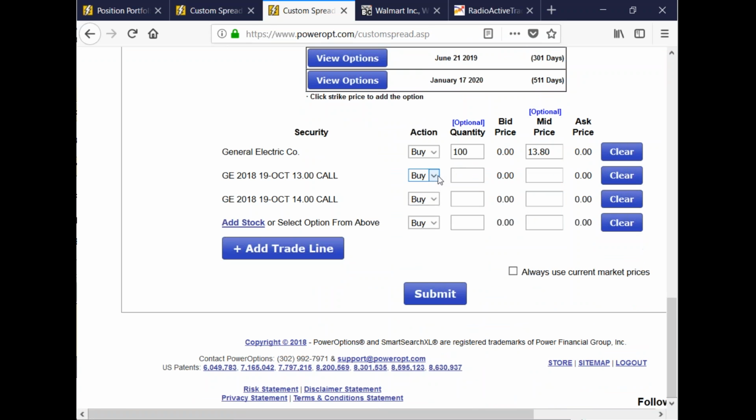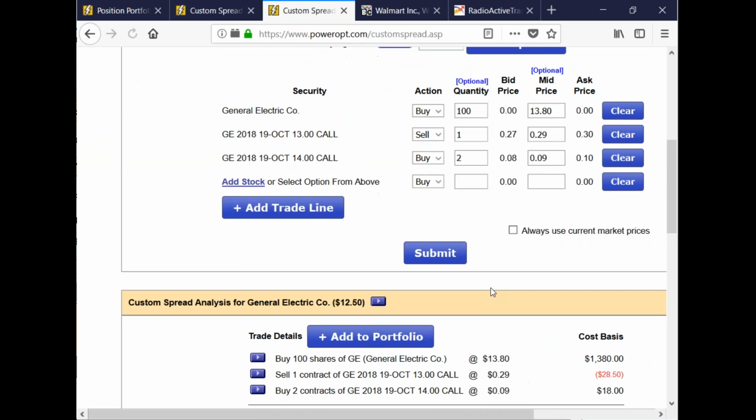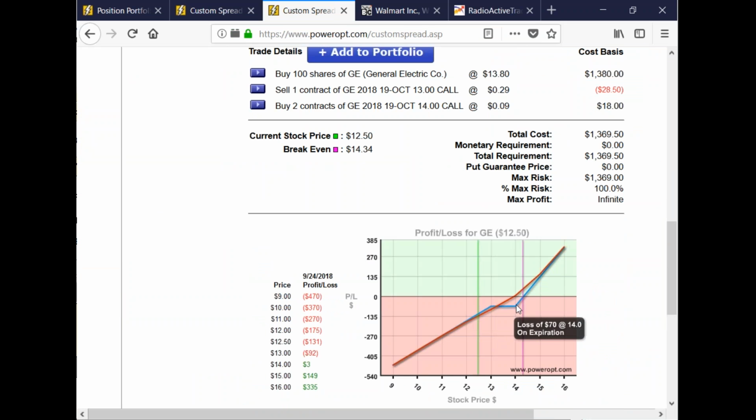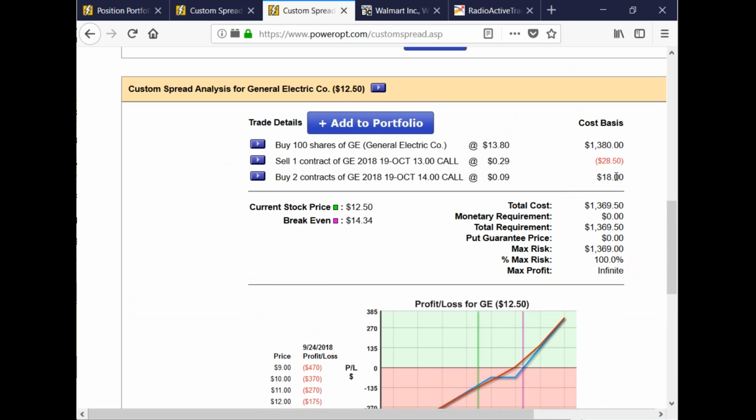You're talking about selling a 13 and buying two 14s. I do it the opposite way, so I understand why you're doing it this way. So you're trying to generate premium here and leave the upside open if it recovers, and you're getting an 11-cent lower cost basis.